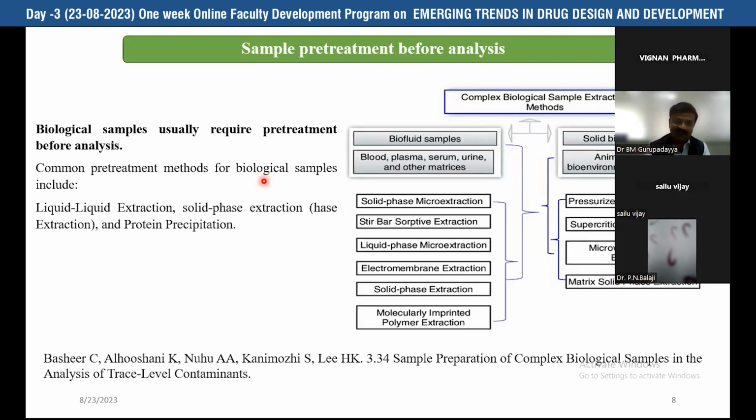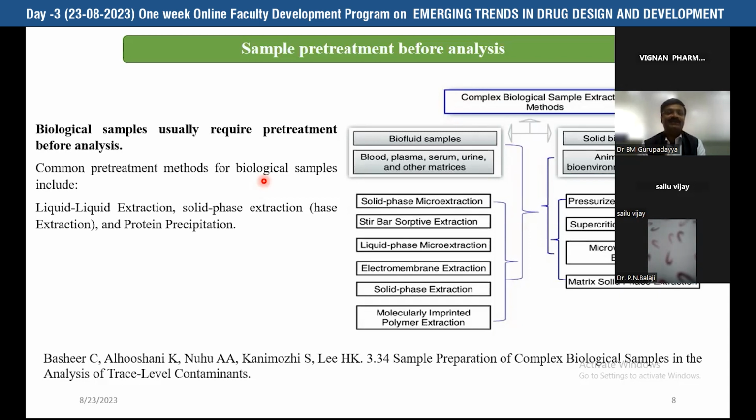If the drug is in a simple drug formulation, quantification is quite easy. But when the drug is in the biological fluid, it is a difficult task, and we are supposed to find a way to extract the drug.